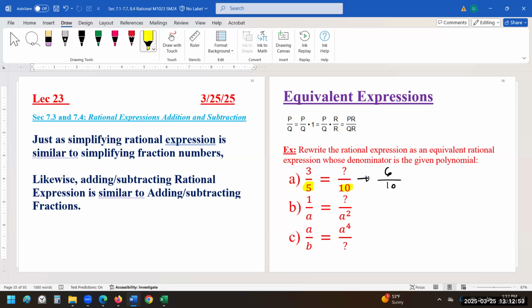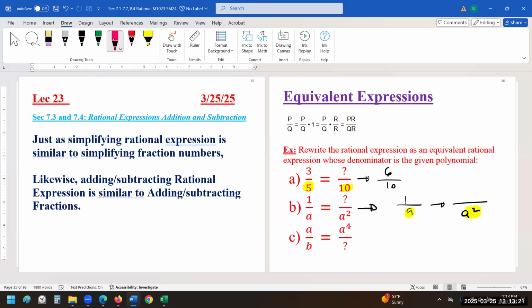How about the second one? We only multiply. So we have 1 over a. Our goal is to convert this a into a squared.